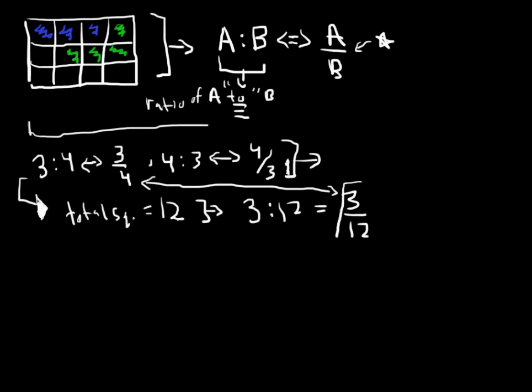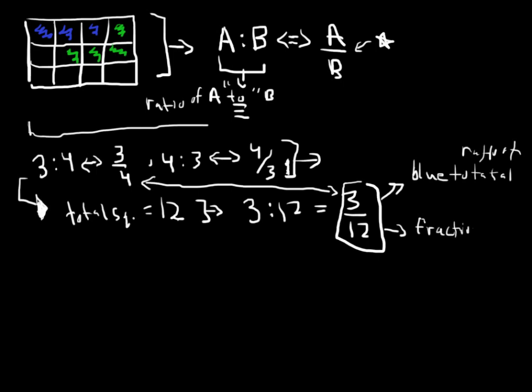On one hand, it's the same as saying the ratio of blue to total, or you can think about this as the fraction of blue colored squares, or the percentage of blue colored squares.